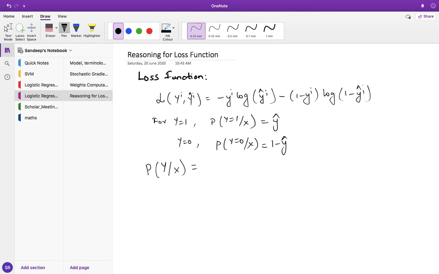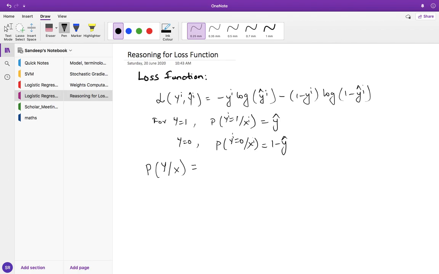So here, let me write this. These are all small letters here, and here x is the input vector, y is the class label for that input vector. So we can be more specific here: xi, yi.